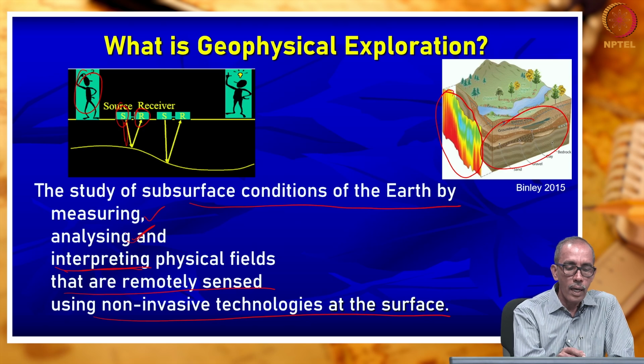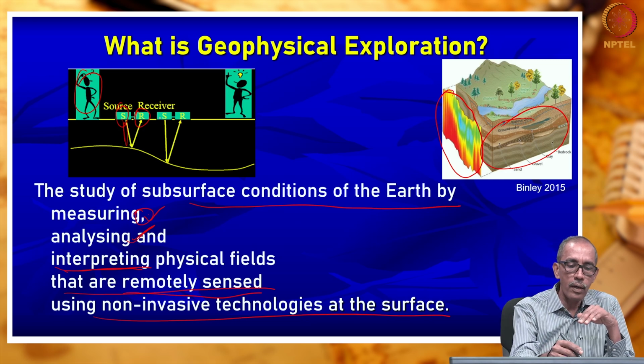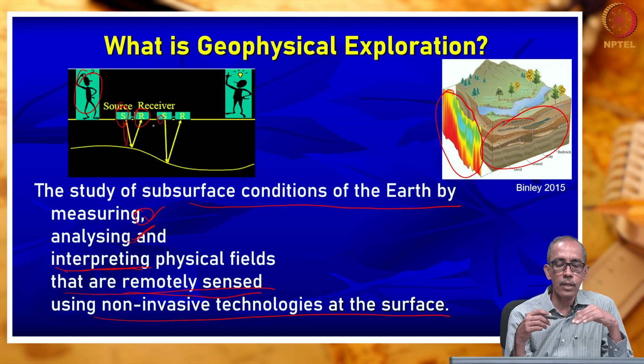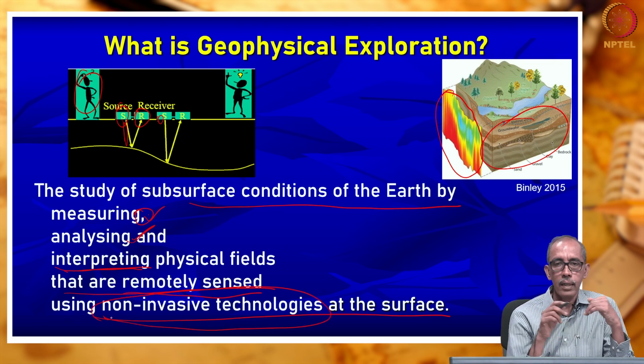How did we measure? The measurement was made by a kind of remote sensing. That means you don't dive deep into the earth, but you are at the surface, making some minimal invasion at the surface. Using that, you try to understand the subsurface. So it is basically a non-invasive technique.